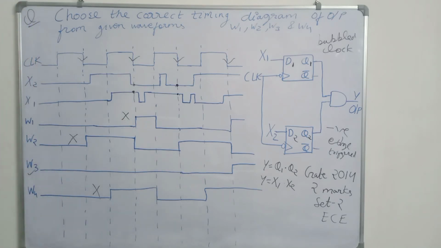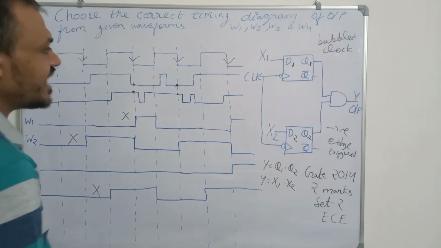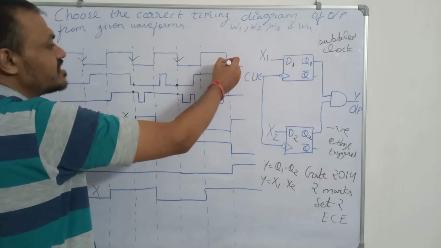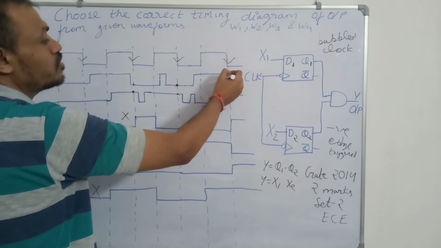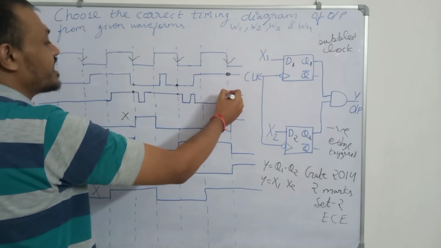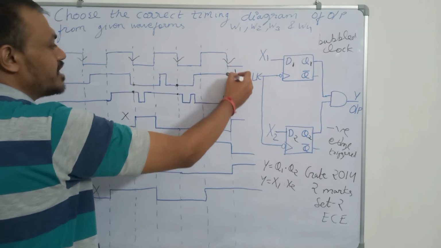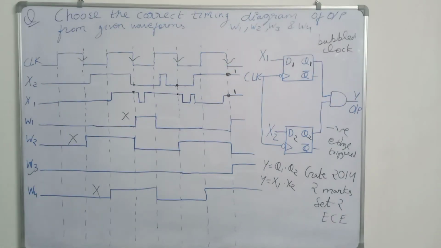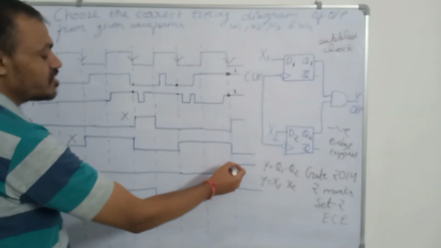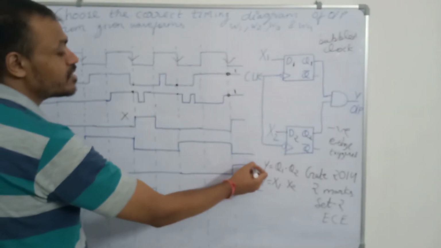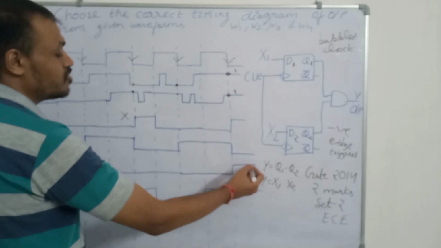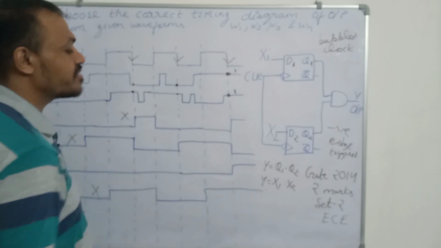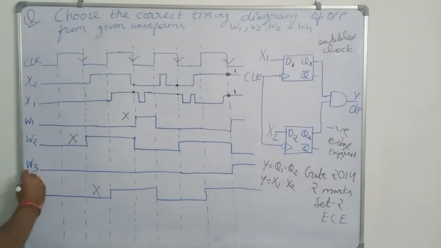So W3 is correct. And at this negative edge, x2 is equal to 1 and x1 is also equal to 1. So the output must be 1, and W3 is going to 1 here. From 0, W3 is transitioning to 1. So the correct waveform is W3.